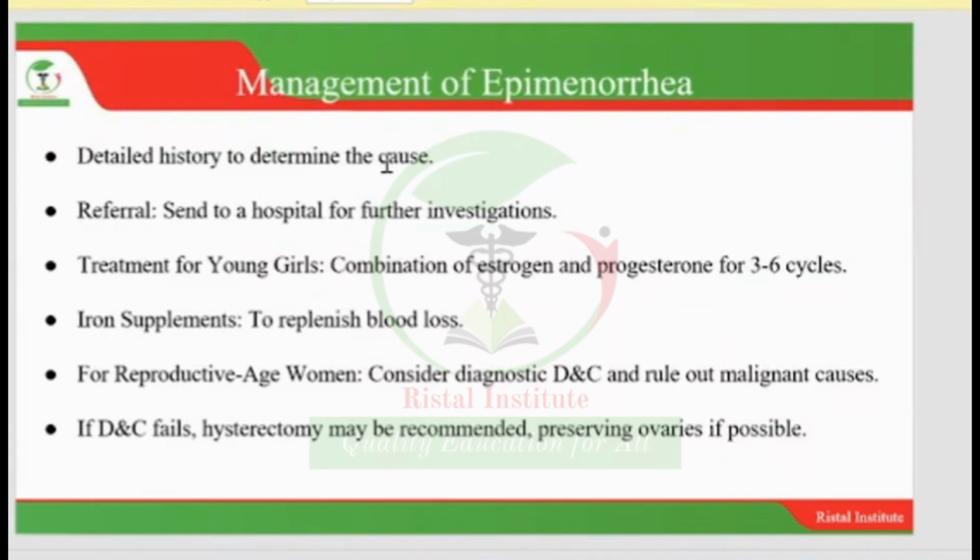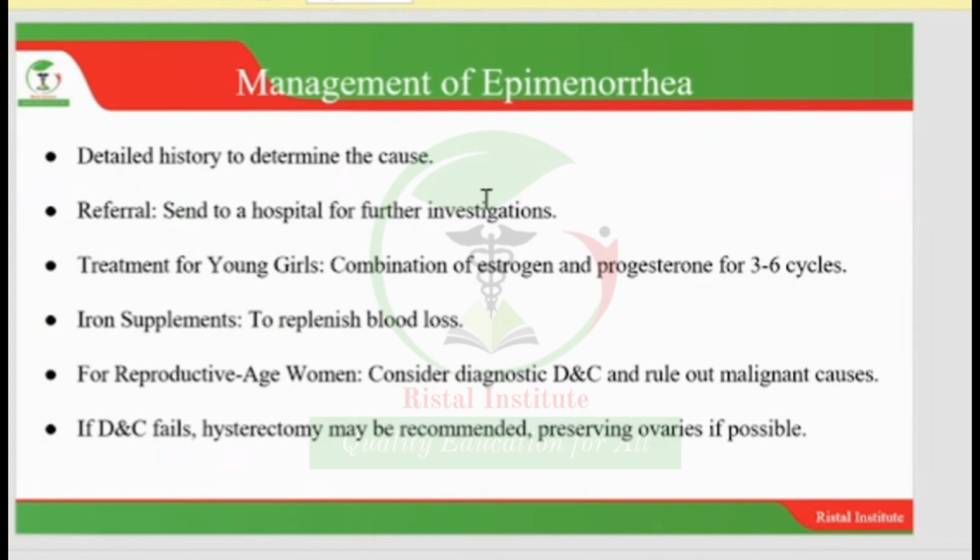So management of epimenorrhea. One is detailed history to determine the cause. Ask the woman, interrogate to find out exactly what is happening with her so that we can be able to rule out the cause. Then referral, sent to a hospital for further investigations.